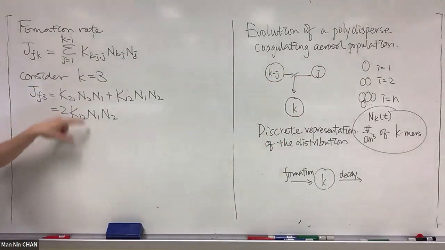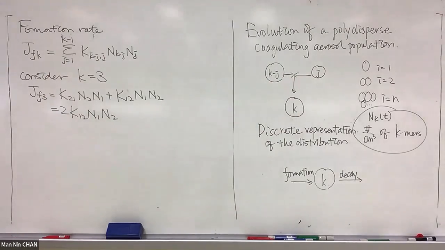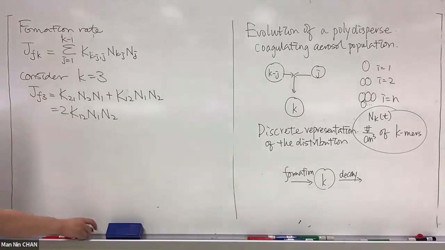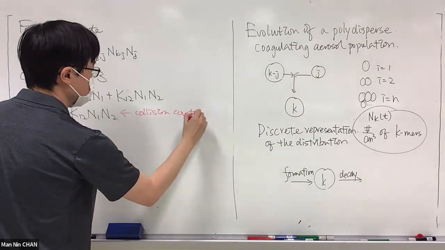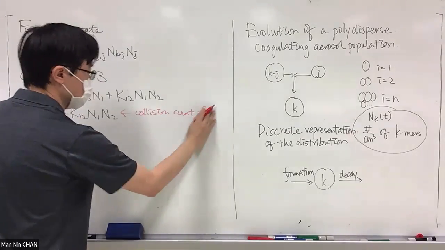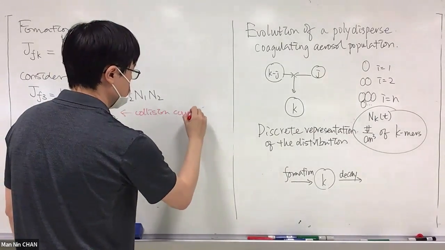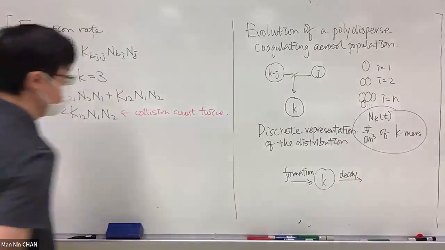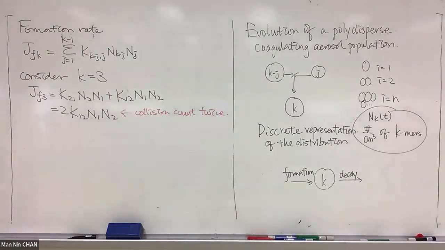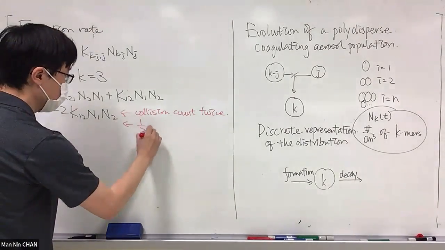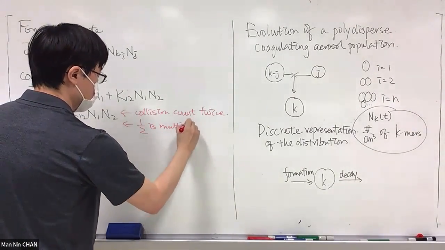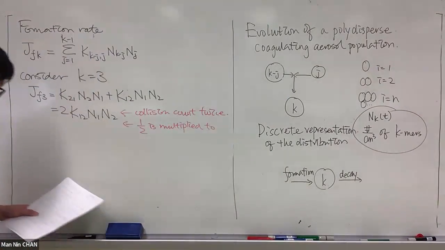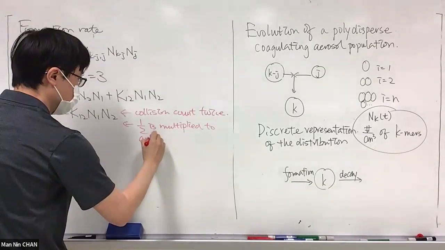So if you use this expression, we count twice, so you want to multiply by one half to avoid this, which we call the double count.